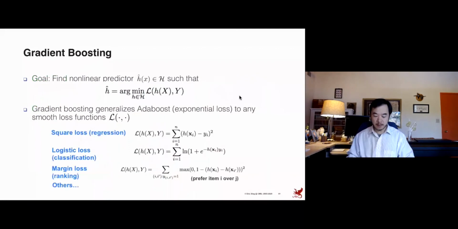Okay, so lastly, I'm going to say just a few words about the extension, which is known as the gradient boosting algorithm. The vanilla boosting, AdaBoost algorithm nowadays is rarely used because, after all, it is based on a linear base learner.